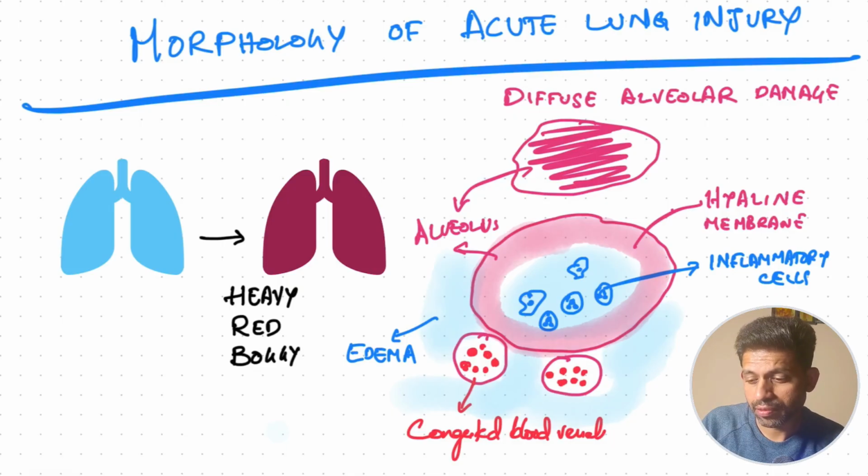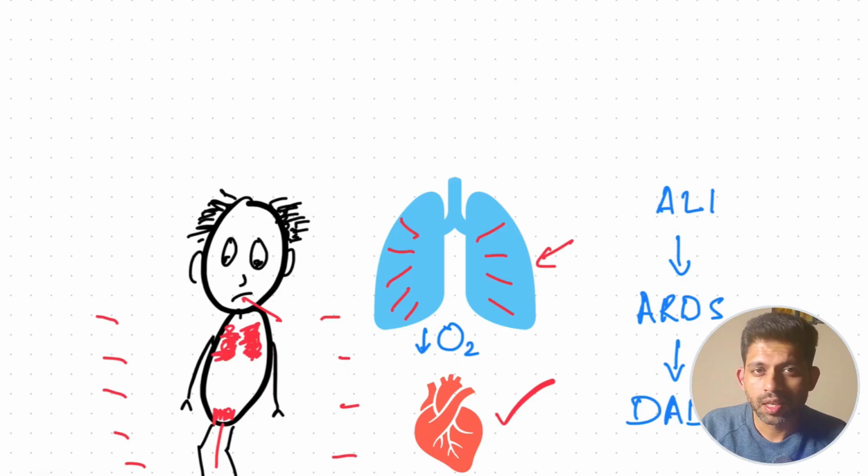Now here in diffuse alveolar damage in the later stages, type 2 pneumocytes proliferate, and later on repair occurs through fibrosis. To summarize, we saw that acute lung injury is a condition where there is bilateral pulmonary edema and sudden hypoxemia in the absence of any heart disease.